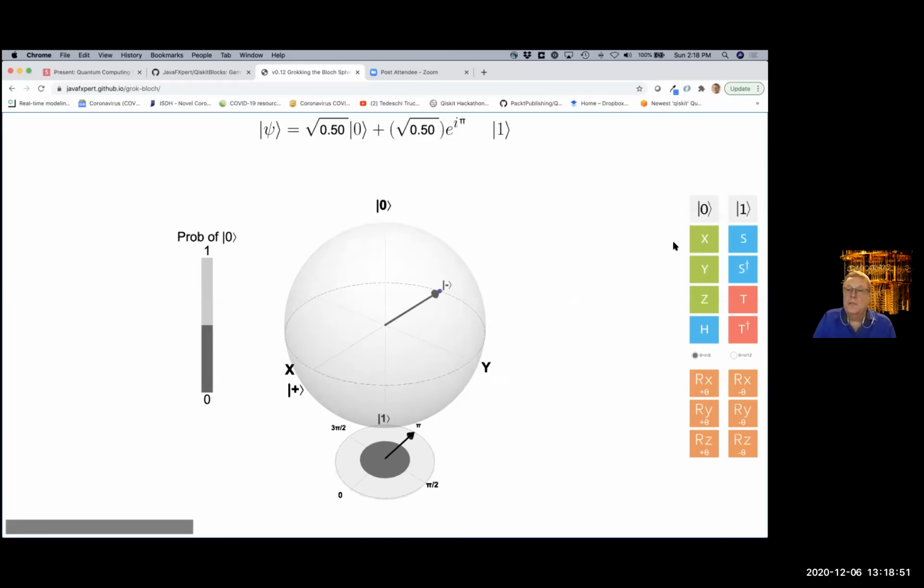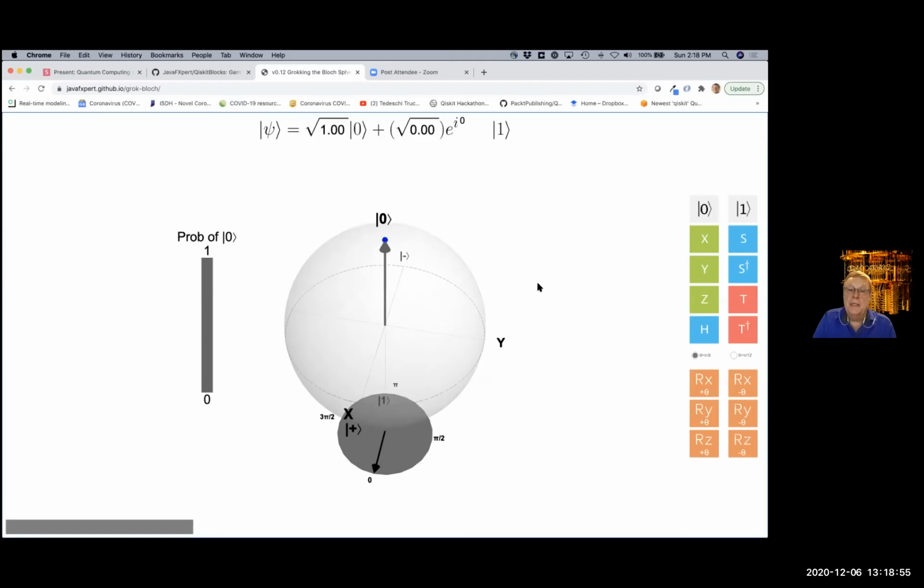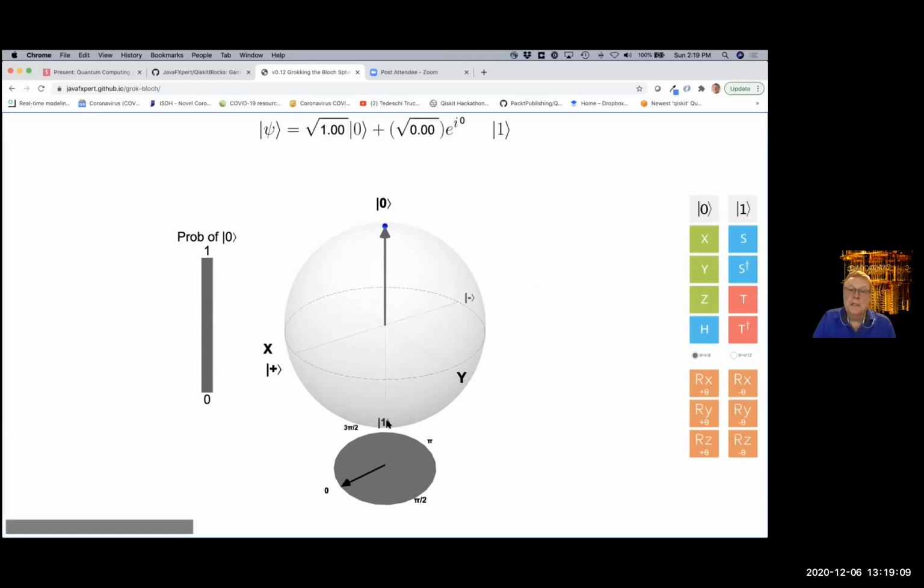Remember when the state was here at the 1 and I did an H gate, it rotates on that same axis. An H gate turns a 1 into the minus state, and turns a 0 into the plus state.